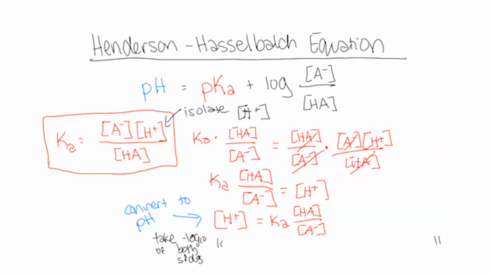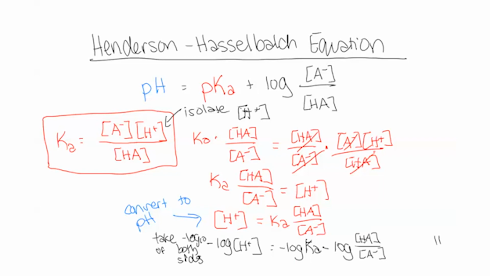So what we're going to do is take the negative log of our proton concentration, which is going to equal the negative log of our Ka minus the log of our HA over A minus. So when we're doing this minus log math, we can basically just break things up like this and take the log of this minus the log of this. That's the same as taking the log of this whole thing. So we can write it like this.